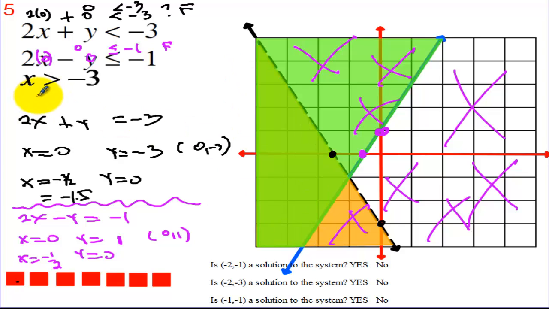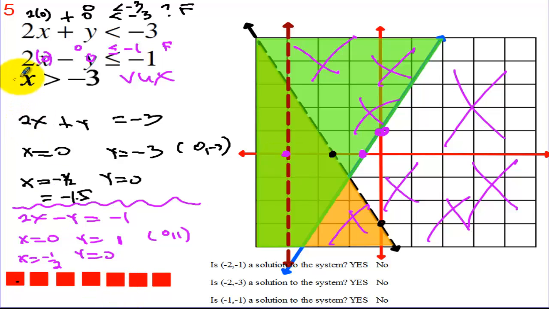So this one is x greater than negative 3. It is a vertical line, x equals negative 3, that will cross negative 3. So 1, 2, 3. And since we don't have a line under, it will be a vertical dotted line. All right.